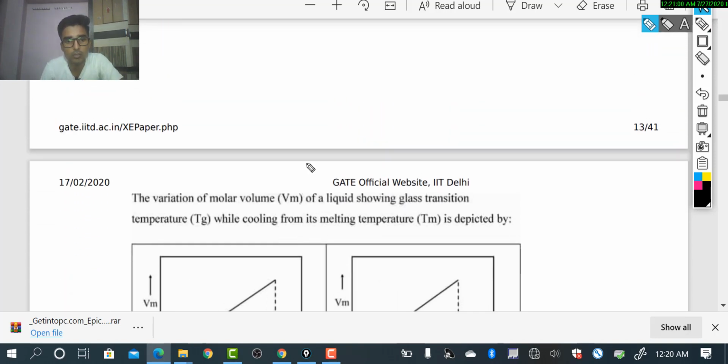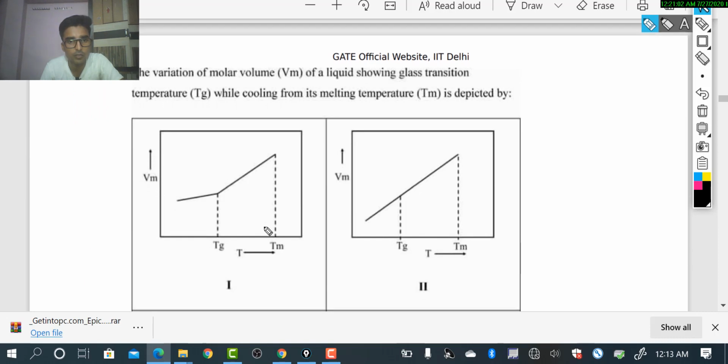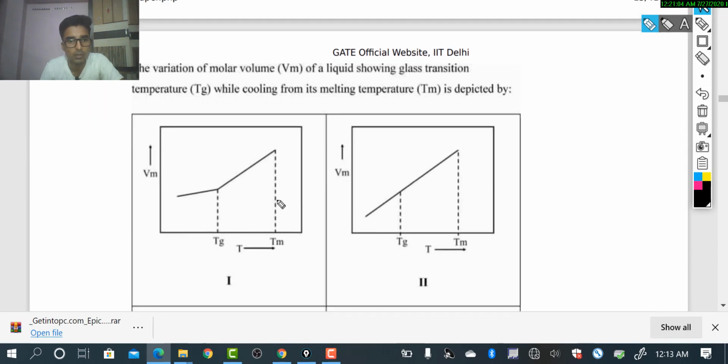Another question, the next question is on the variation of molar volume of a liquid with temperature, from the glass transition temperature while cooling from the melting temperature. So basically it is giving the variation of molar volume with temperature.